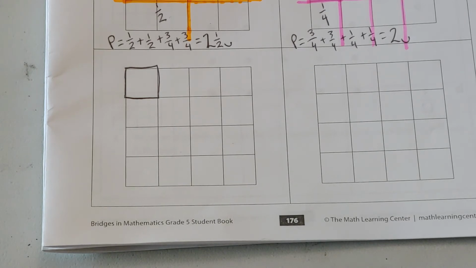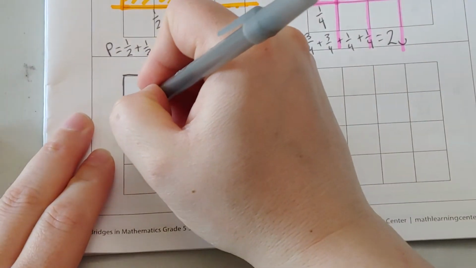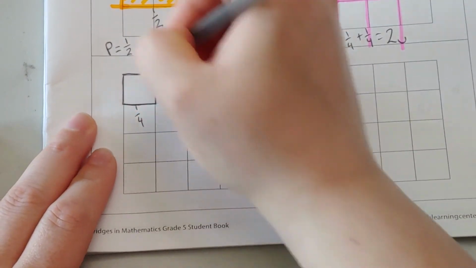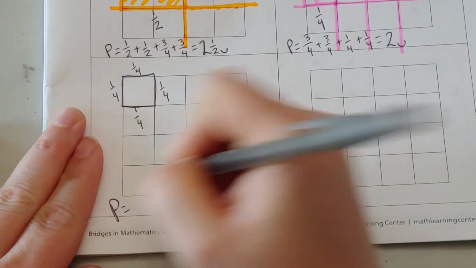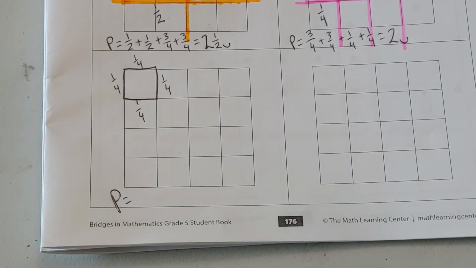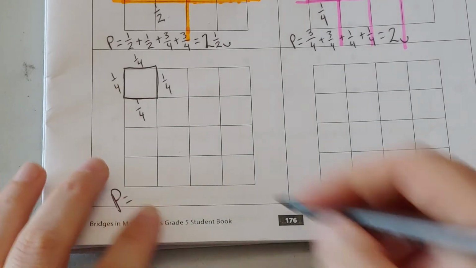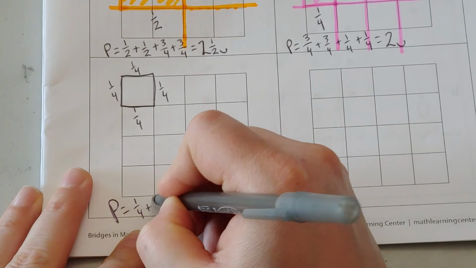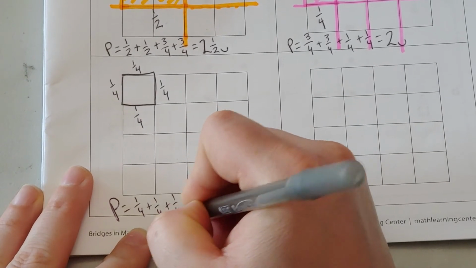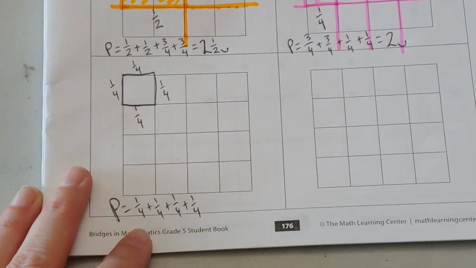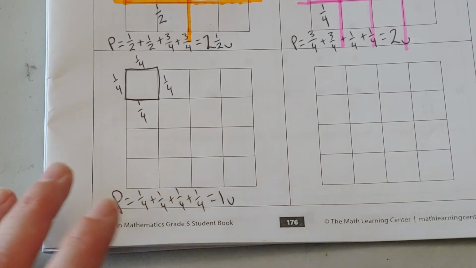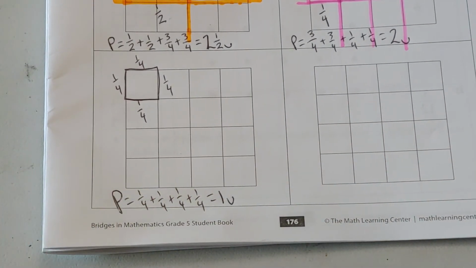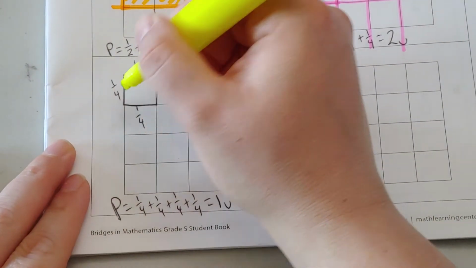So this is a square. 1/4, 1/4, 1/4, 1/4. Give me some perimeter review. One-fourth plus 1/4 plus 1/4 plus 1/4 equals 1 unit.